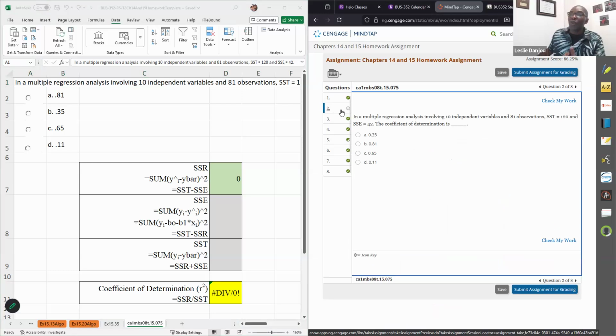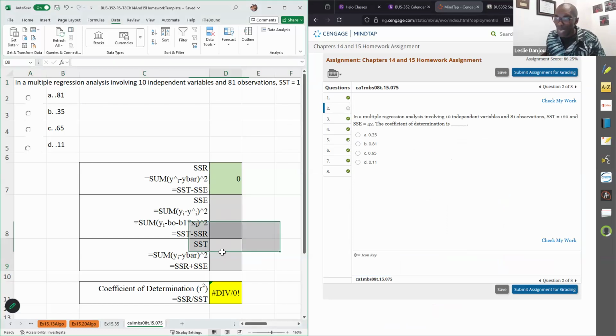In a multiple regression analysis, it involves 10 independent variables and 81 observations. Your SST is 120, so you would manually type in 120. Your SSE is 42.